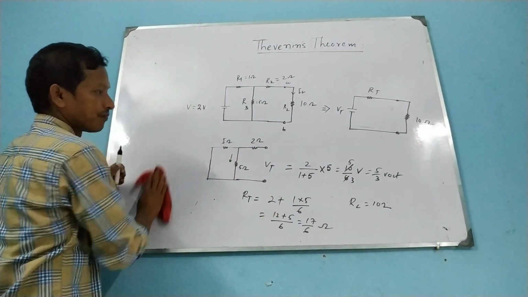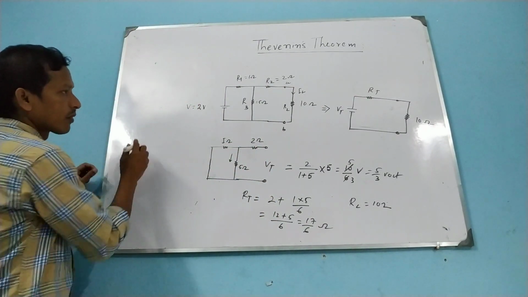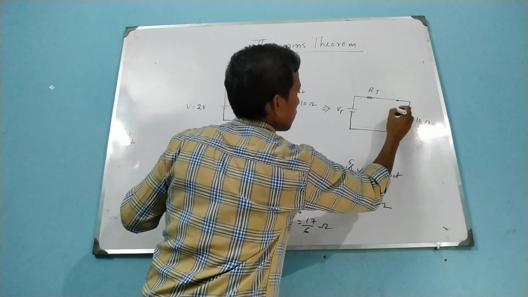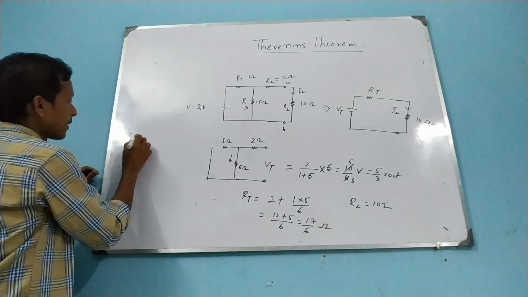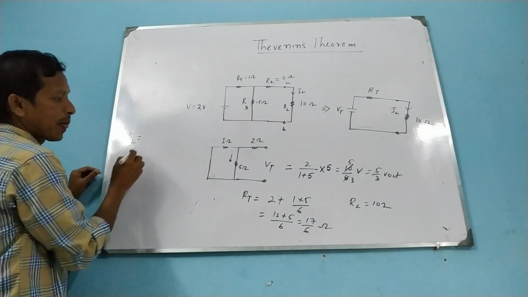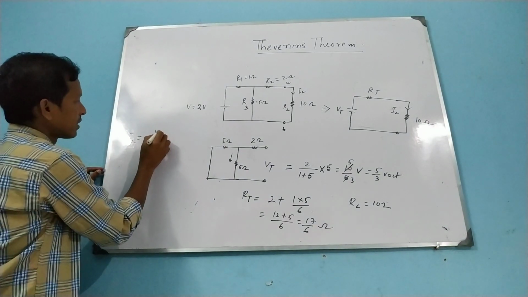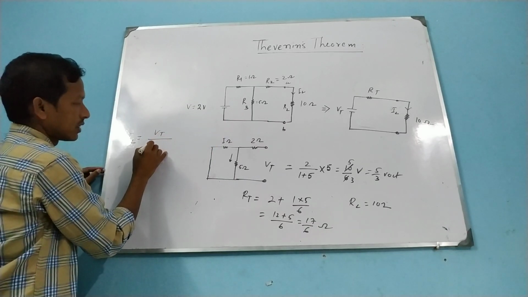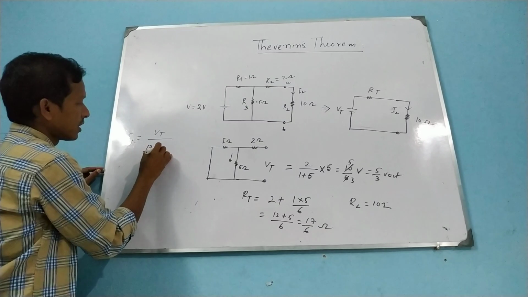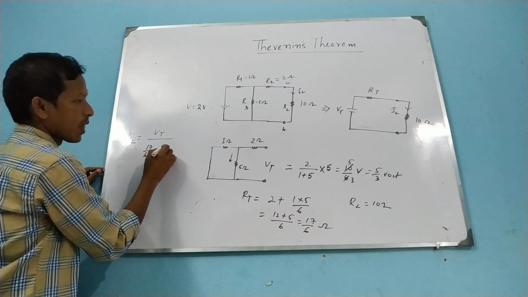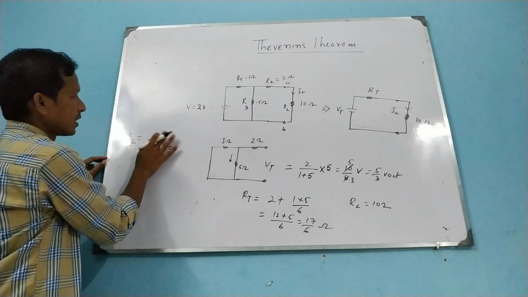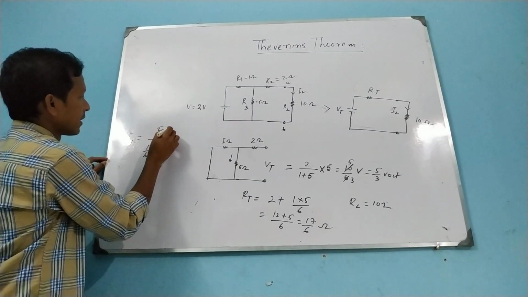So the IL, current through the 10 ohm, IL equal to total voltage in the circuit, which is Vt, over the total resistance, which is 17 by 6 plus 10. Sorry, Vt equal to 5 by 3.